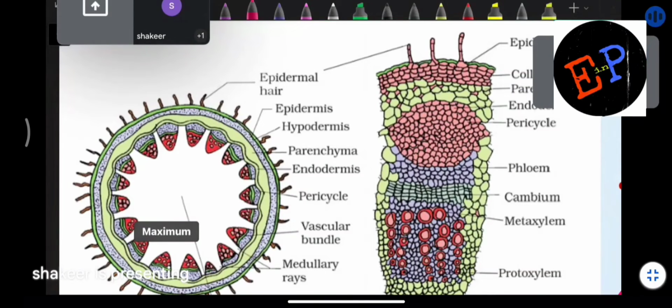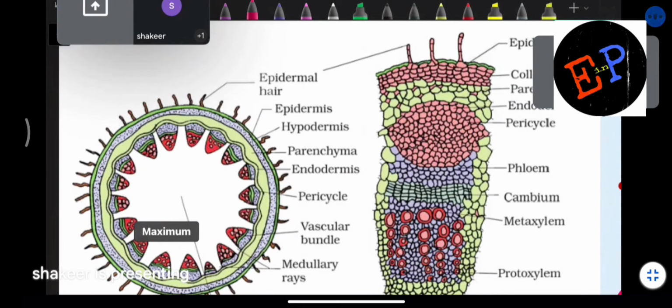Medullary rays are present. Vascular bundles are present. Pericycle is present. Endodermis is present. Parenchyma layer is present. Hypodermis is present. Epidermis and epidermal hair. So once you go through this structure carefully, I hope you can understand very easily. Are you able to understand?